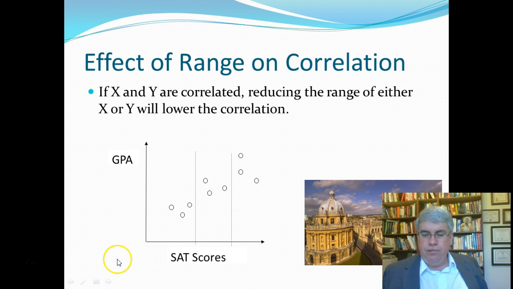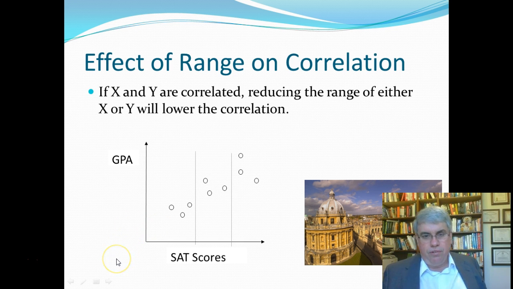Now, in most schools, there's almost no relationship between SAT scores and grade point average, and that's because most people go to schools that have a narrow range of SAT scores. Some people go to schools where everybody has high SAT scores. Others go to schools that have medium SAT scores. Others go where they have low SAT scores.